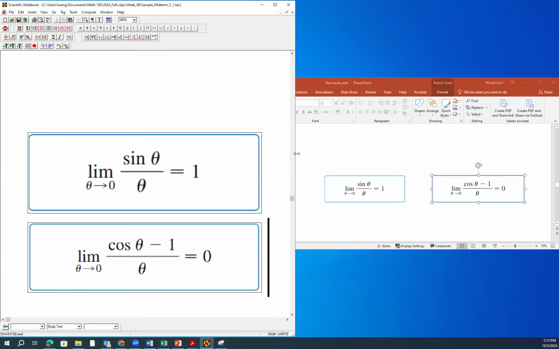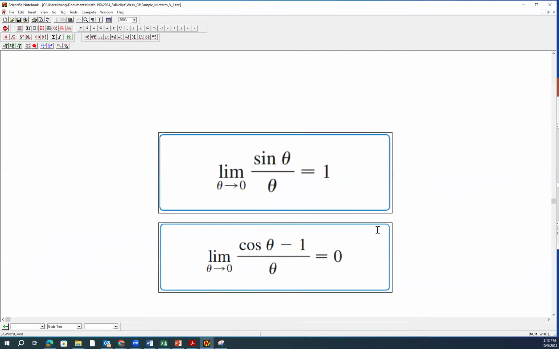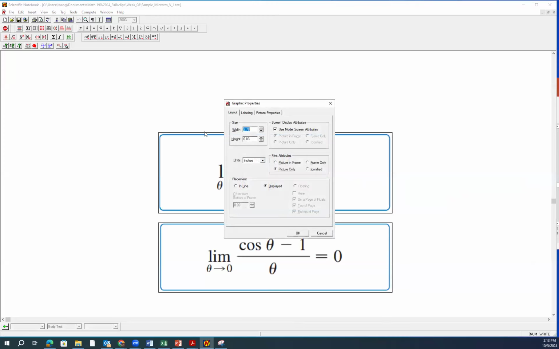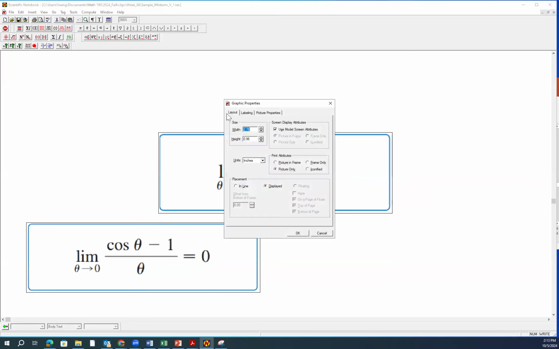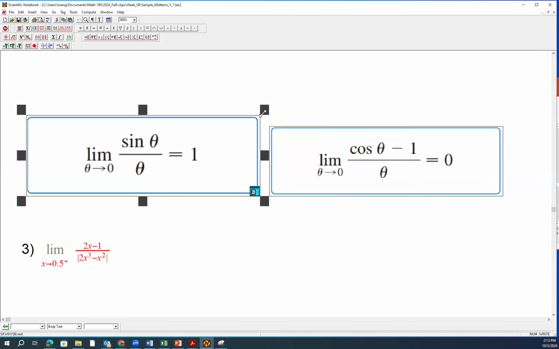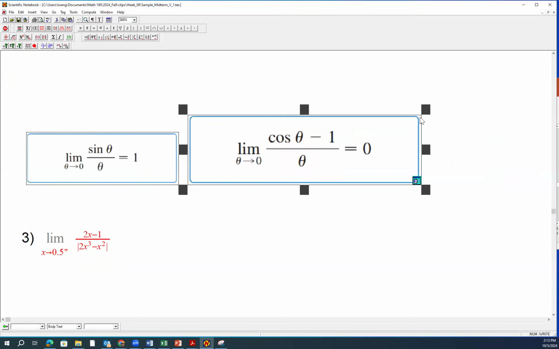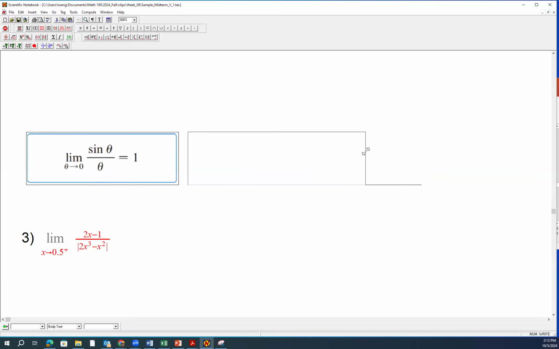All right, and we continue our work. I just make it a little smaller, because during the test you have your index card with you.